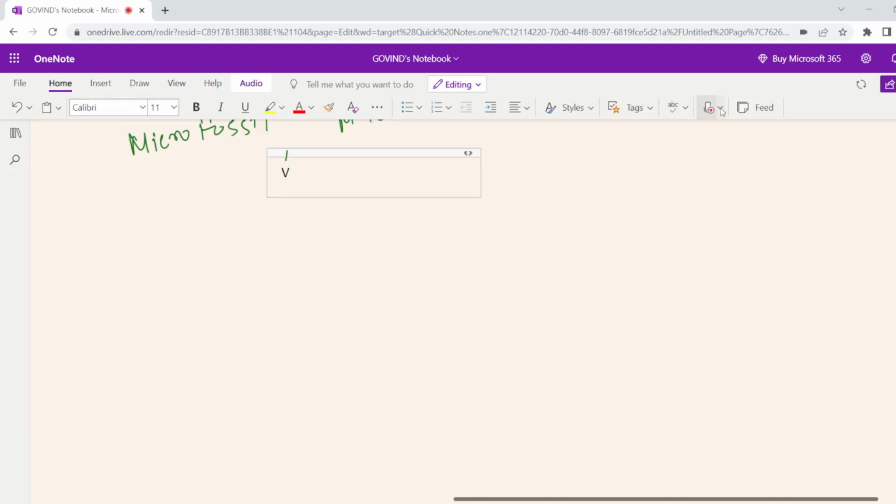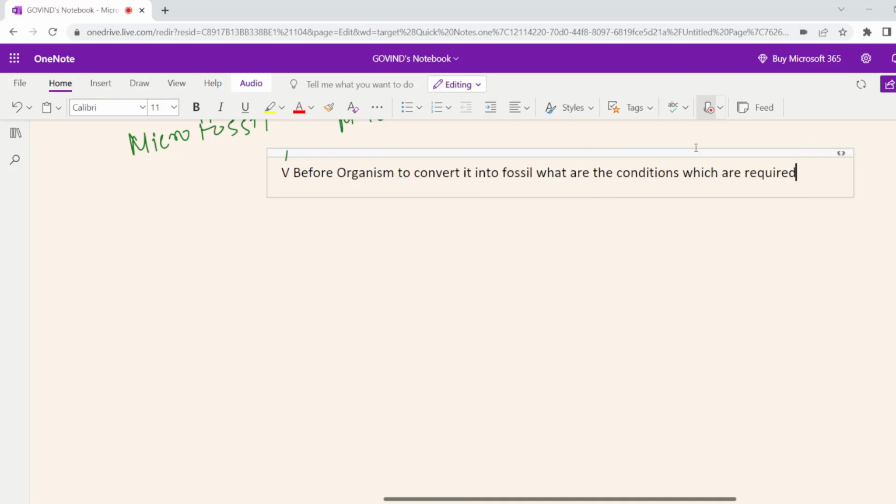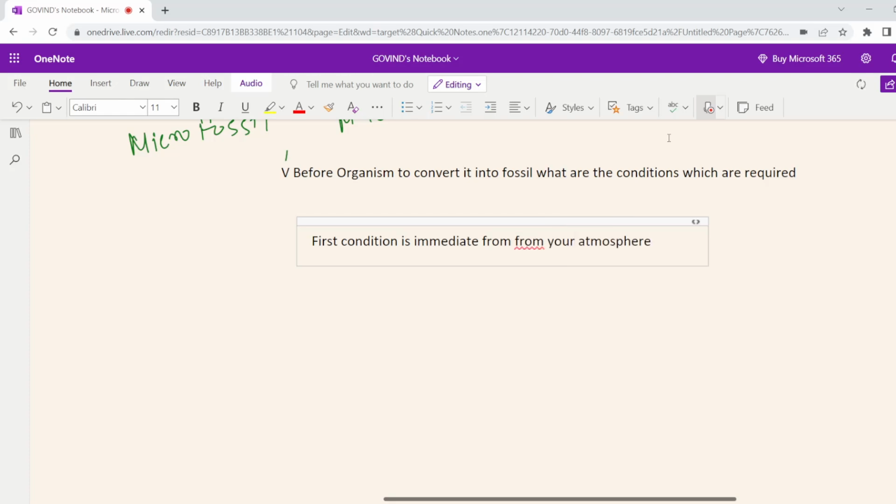So for an organism to convert into a fossil, what are the conditions which are required? The first condition is immediate detachment from the atmosphere contact.